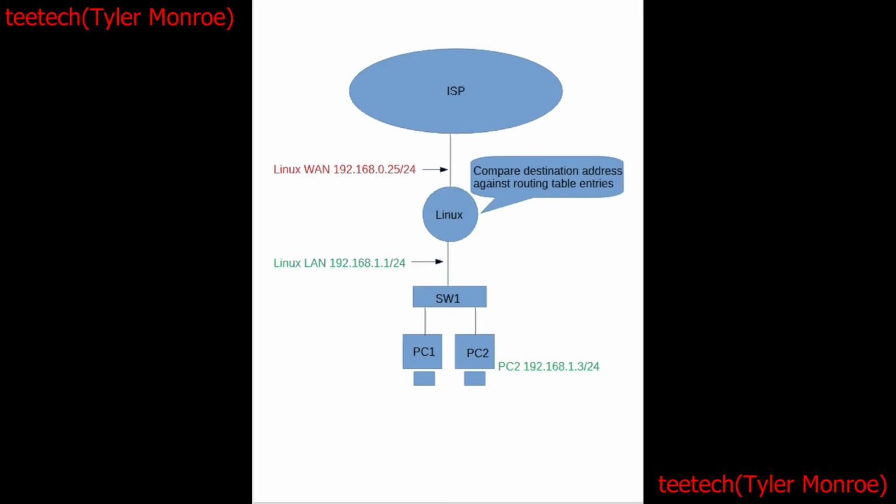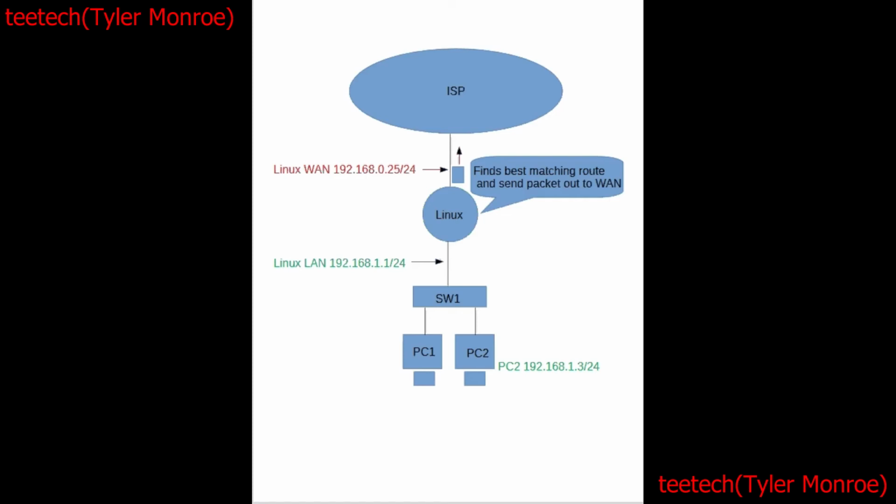So that allows it to select what's called the outgoing interface or egress interface to route that packet over. In this case, it routes it out of the WAN.